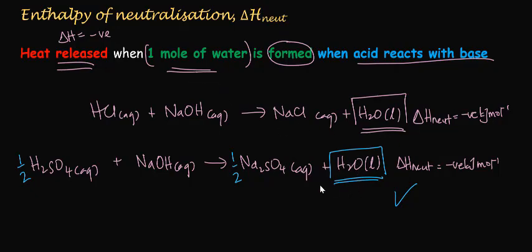It cannot be 2, it cannot be half, it cannot be any other stoichiometry here. It must be 1 mole. Again, for the standard enthalpy of neutralization, just add the standard condition, 298 Kelvin, and the delta H here we put not.